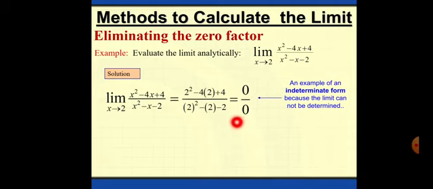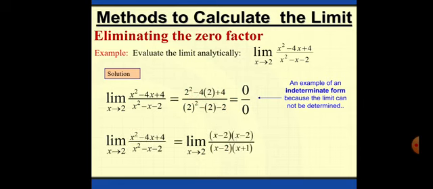We have to factorize to eliminate the zero factors. After factorization, we get this form, and now you can cancel x minus 2 from the denominator and the numerator. After that, you can substitute x equals 2, so you get your final answer, which is 0.